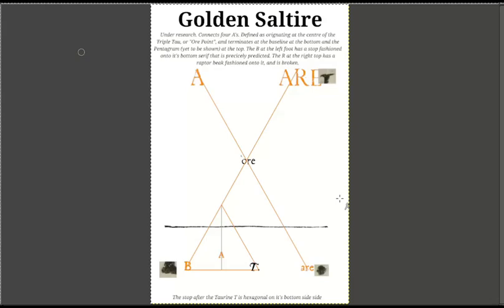I called this bit the Golden Saltire, which is a rubbish name because it doesn't actually have pentagonal angles on it, but we'll go with that for now.